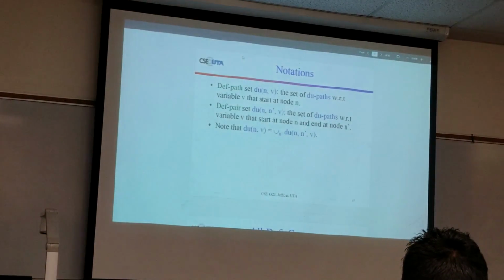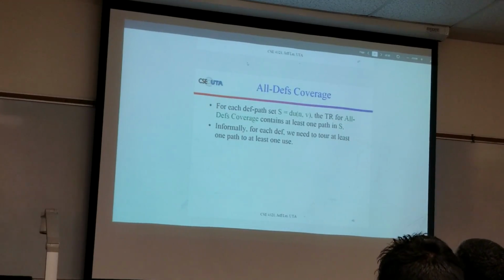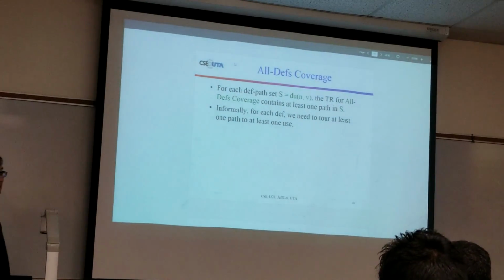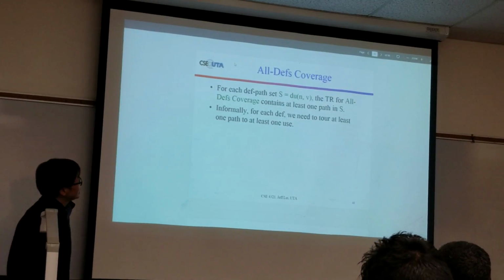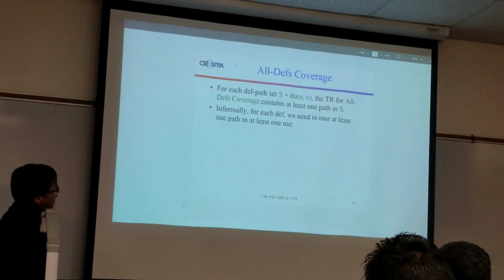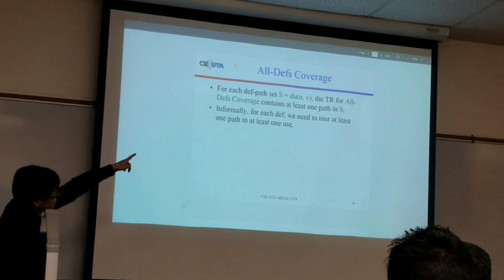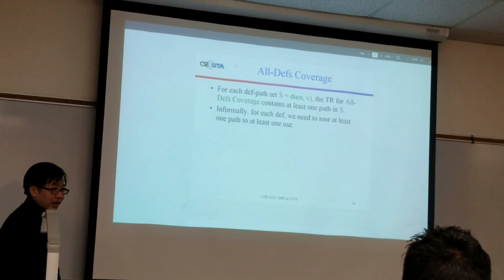We're going to use these notations to define different coverage criteria. The first coverage criterion we use in data flow testing is that each du path in the du path set is a test requirement.